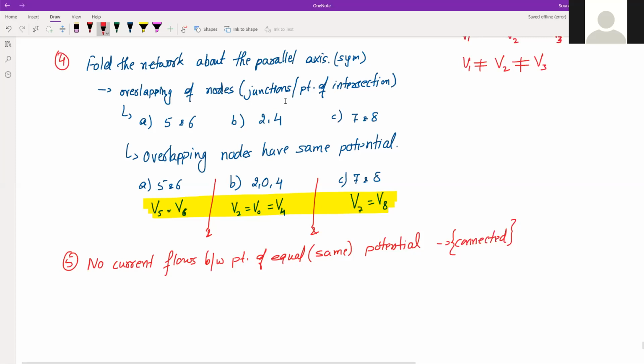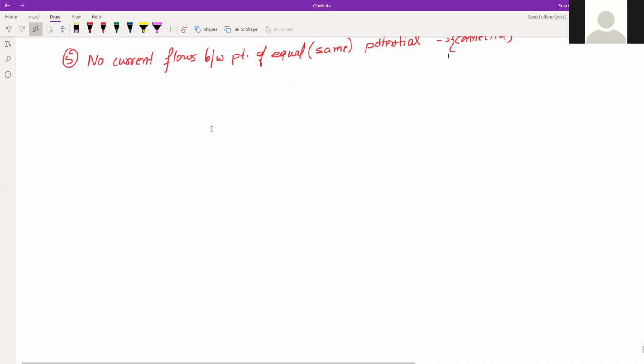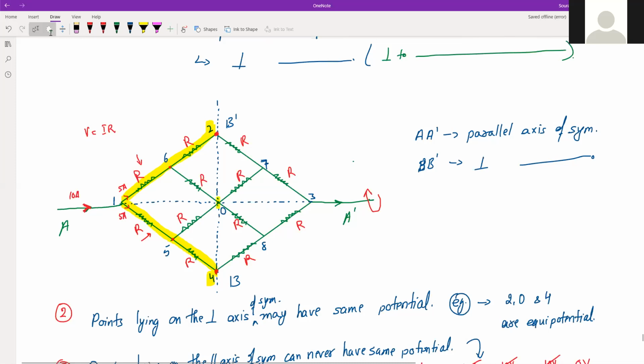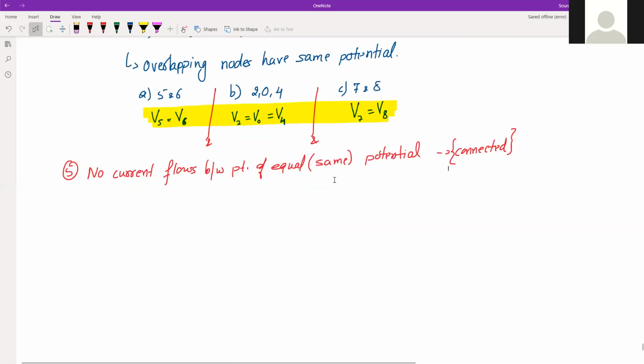So let us take this part, and using this we have to now simplify the circuit.